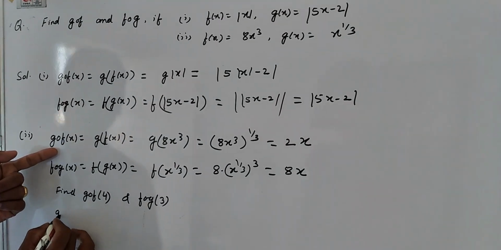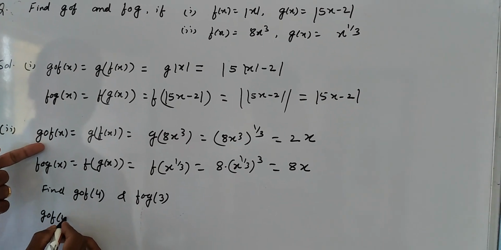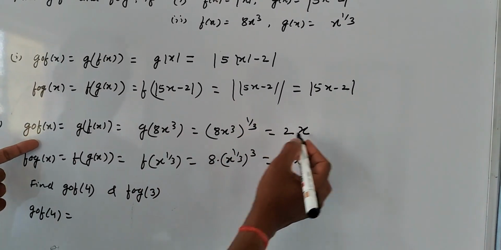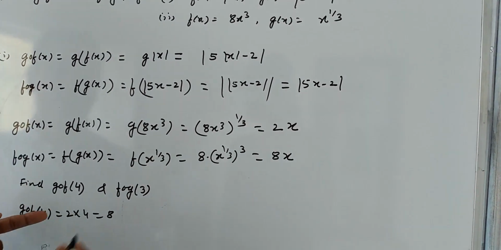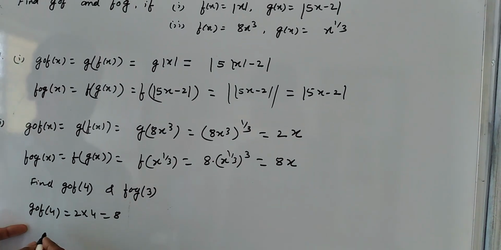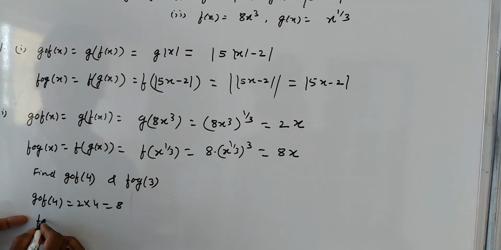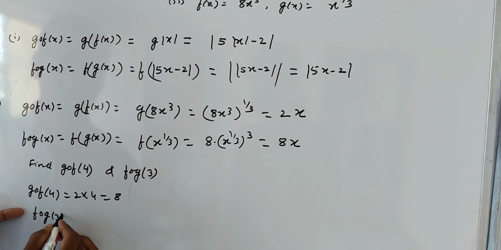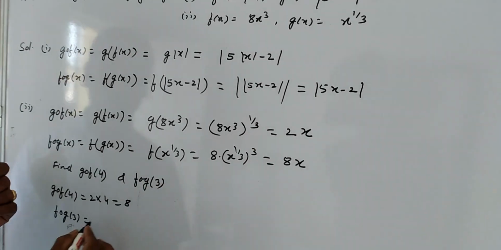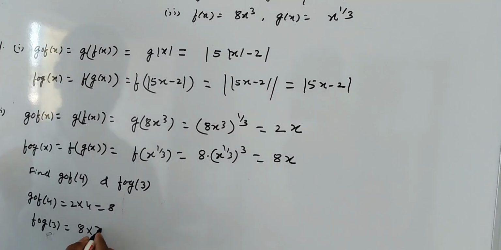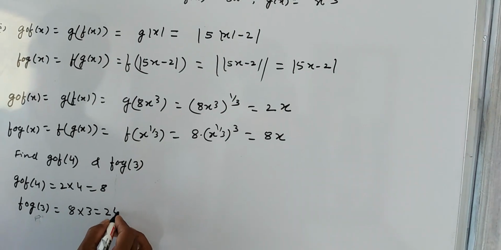So g circle f of 4 equals 2 into 4, that is 8. Now f circle g of 3, this function you have to apply. So 8 into 3 equals 24.